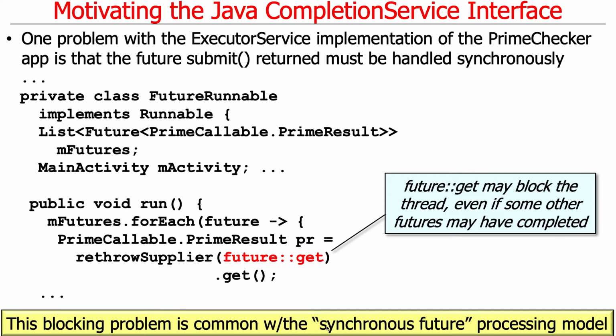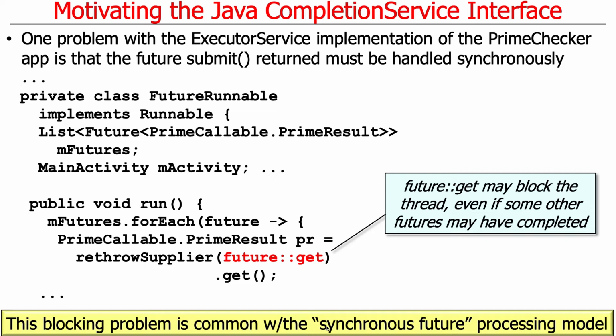So if you recall the Executor service that we looked at a week or so ago, and you think particularly about how we used it to implement our prime checker app, the way it worked is we called submit, which returns a future, and then we had to have another thread off to the side that sat there and synchronously blocked, waiting for the asynchronous computations to complete.